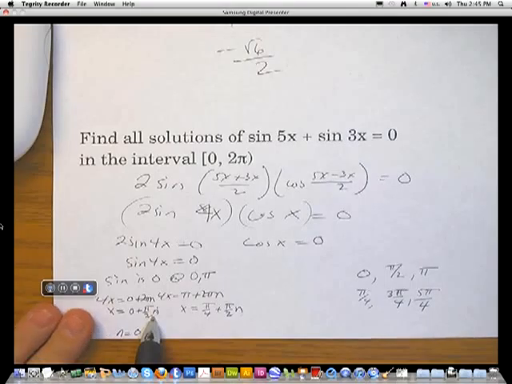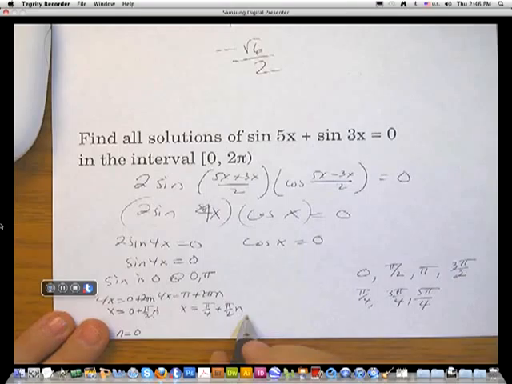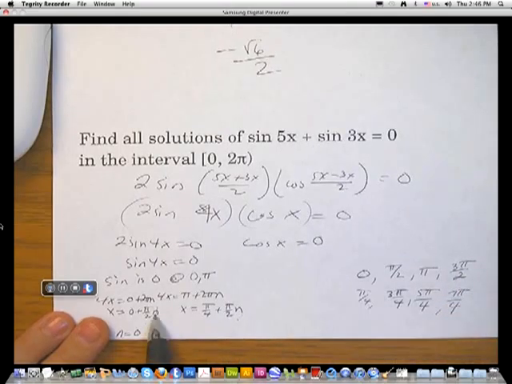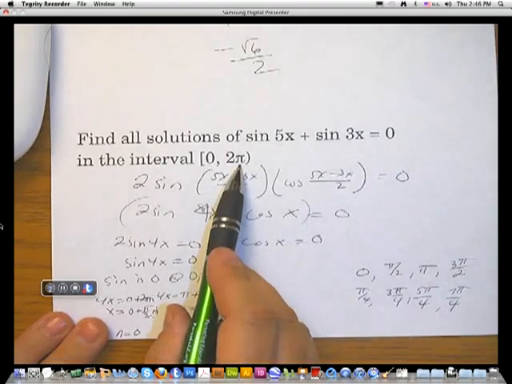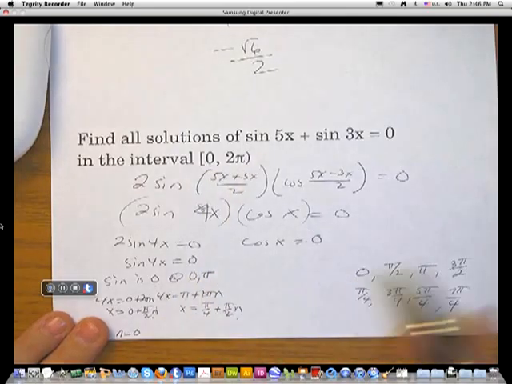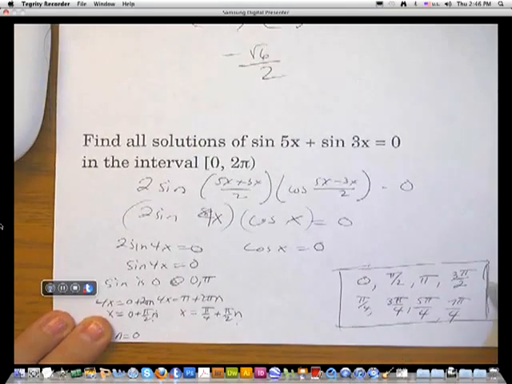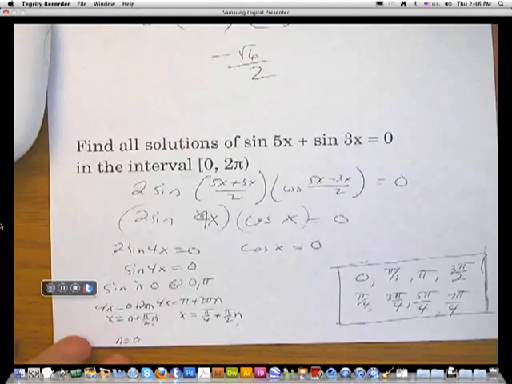If n is 3, I get 3 pi over 2 and 7 pi over 4. And if I go to 4, I'm now at 2 pi, and that's out of my range. So I stop, and that's a list of all of them that are in that interval.